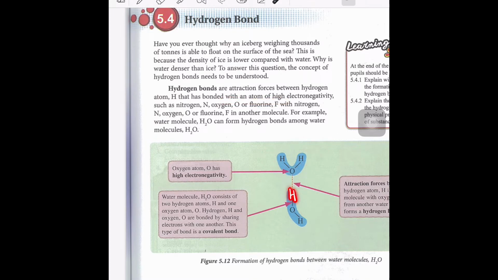Antara H dengan atom high electronegativity itu, itulah hydrogen bond. Bukan antara H dengan H, but it is between the H from a molecule with another high electronegativity atom in another molecule. Boleh fahamkan di sana?